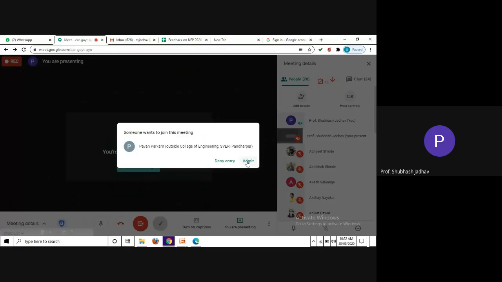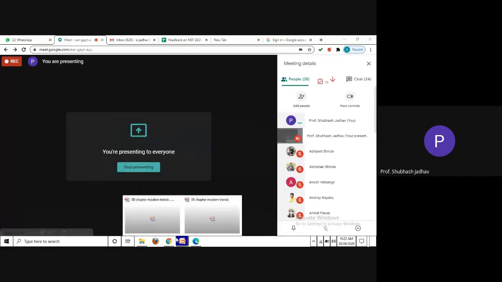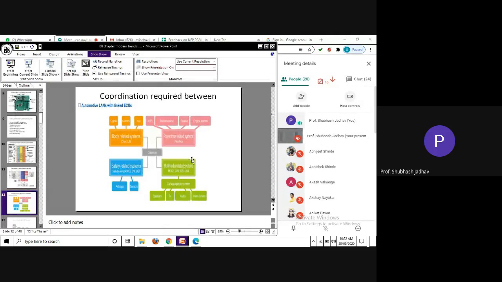So many parameters need to be controlled. And we have some safety related parameters which need to be controlled, like airbags and so many sensors or actuators like warning lights, etc.